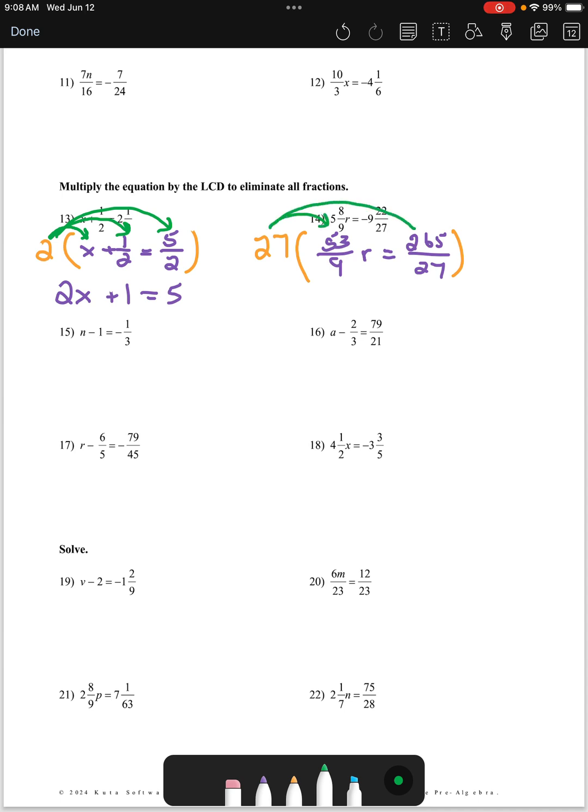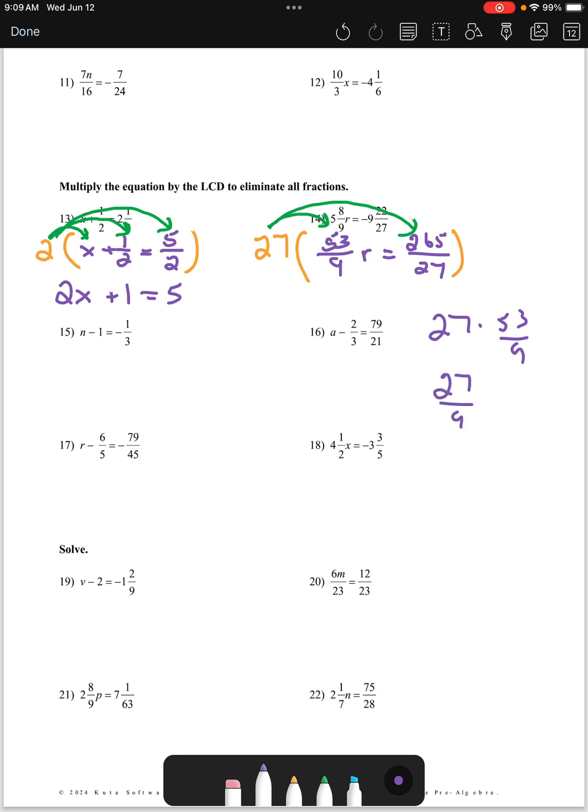Instead, and let me show the distribution here real fast, throw my arrows down. Here's how I mentally approach doing something like 27 times 53/9. Okay. Here's the reality of this statement. I don't have to do the multiplication first.